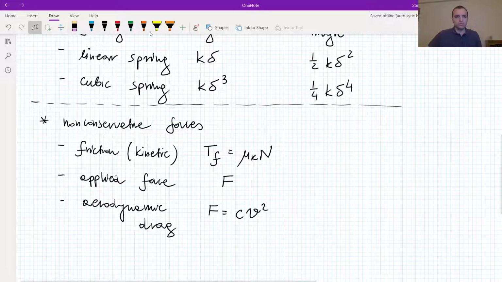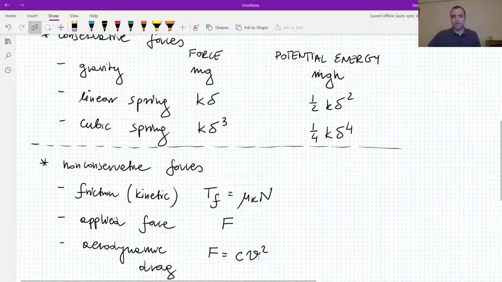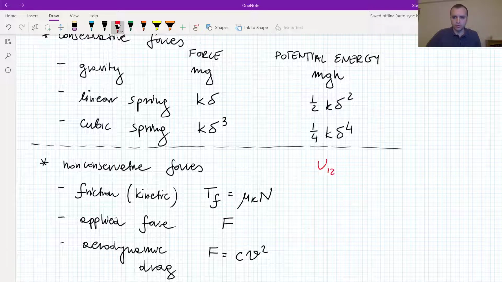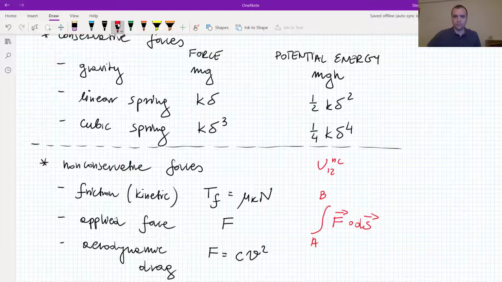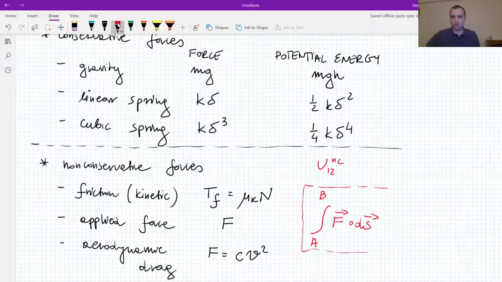And if you would like to calculate the work of such non-conservative forces, you just must follow the strategy from the last discussion. So basically you must integrate from the beginning to the end, you must just calculate such an integral, where F is naturally one of these forces.